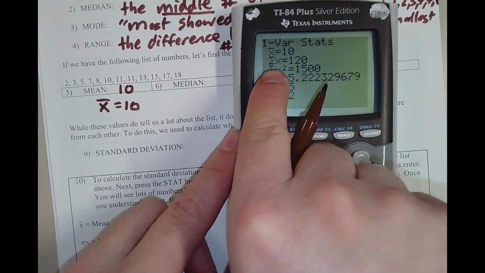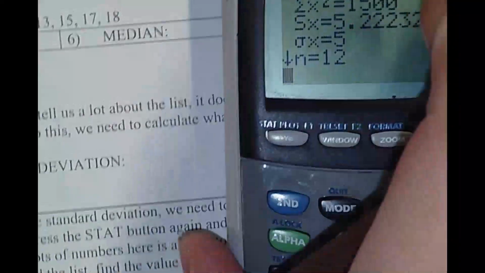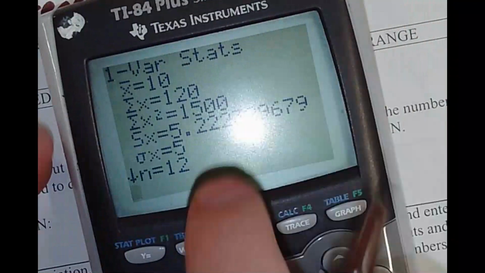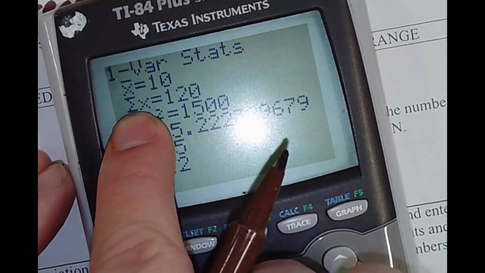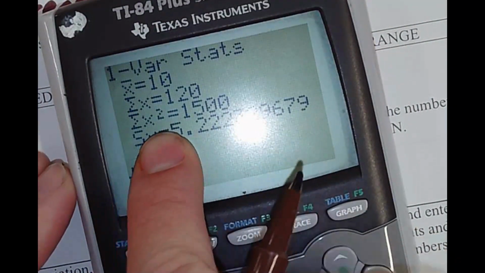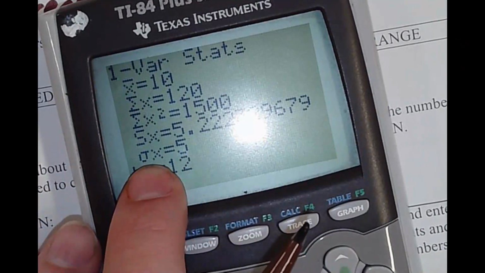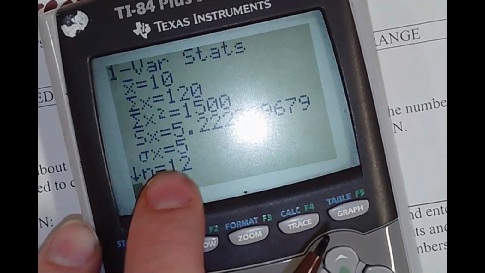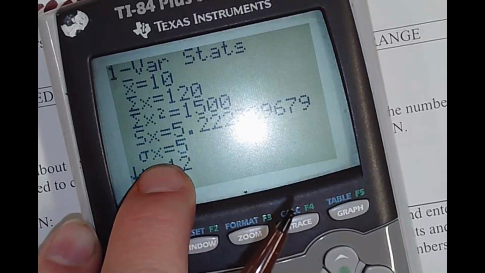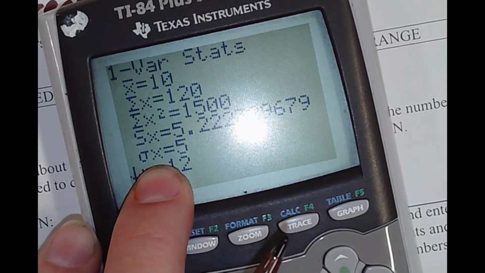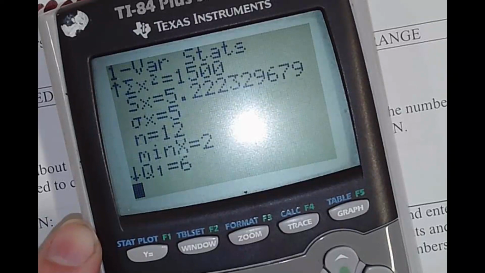That's called the sum. So this Greek letter right there, that's the sum. The third number we don't have to worry about too much. The fourth number, not too much. The fifth number right there, that's actually an important number for today. It's called standard deviation. But let's continue to scroll down.